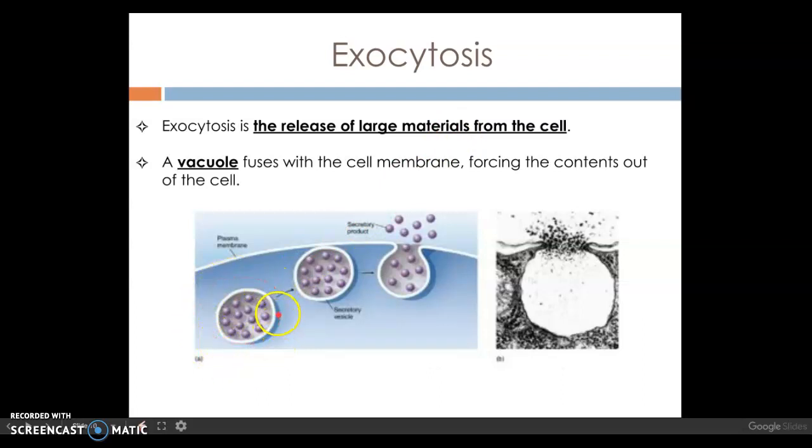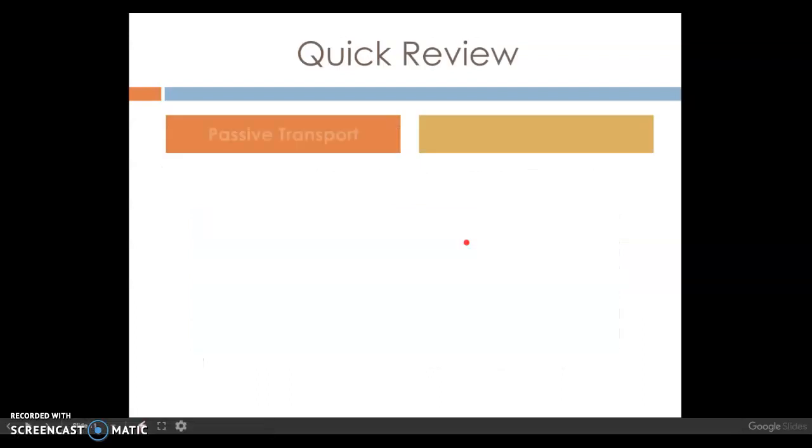The vacuole will move towards the cell membrane and get closer until it eventually fuses its cell membrane with the vacuole and then releases all of the contents out of the cell. Okay, so this is an actual picture, and then here's a diagram. Again, exocytosis is large molecules leaving the cell.